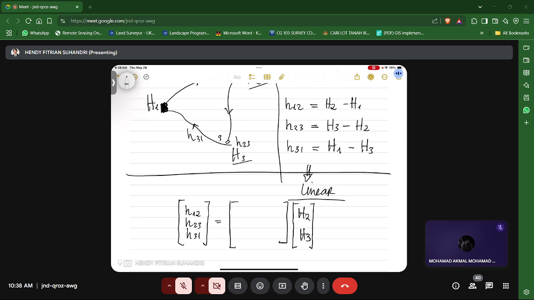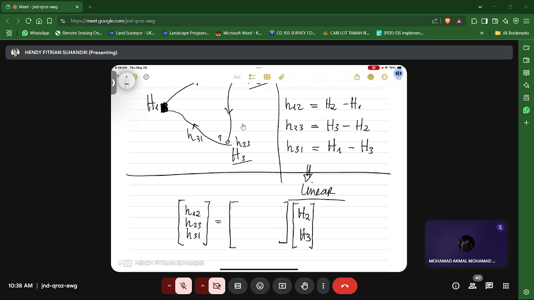Once you have redundancy, we can proceed with least squares adjustment. But if we have no redundancy, no need for least squares adjustment. You can solve the problem just by using linear algebra, substitution or elimination.